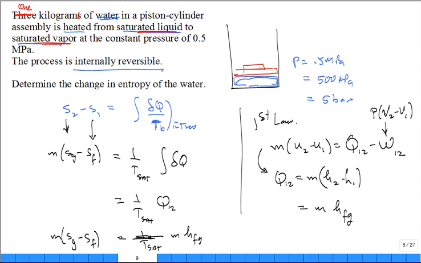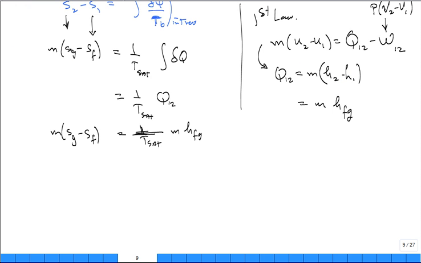And what you can do is you can go to the textbook and you can grab numeric values for the saturation temperature. The saturation temperature is 151.9 degrees C. Put in a mass of 1 kilogram. The enthalpy, heat of vaporization, 2108.5 kilojoules per kilogram.